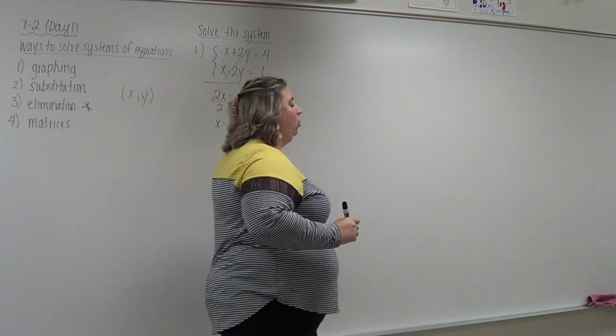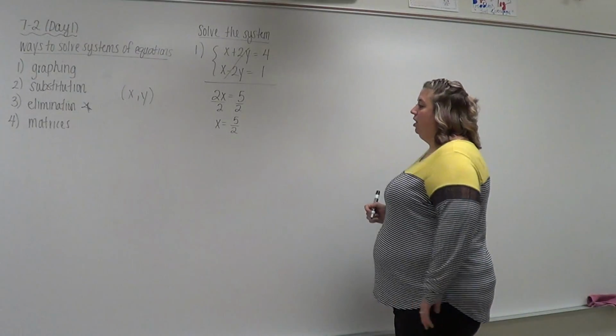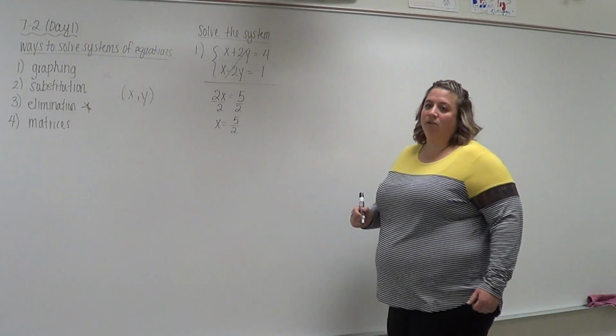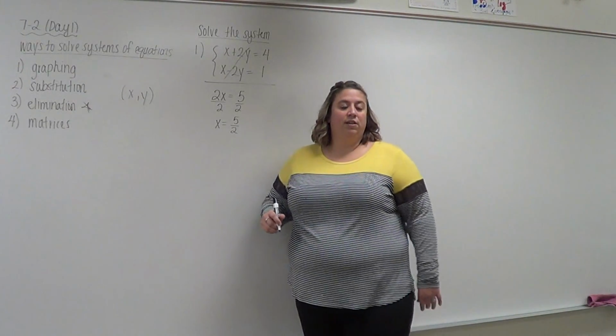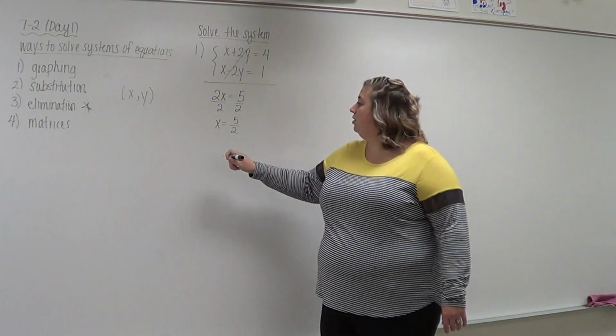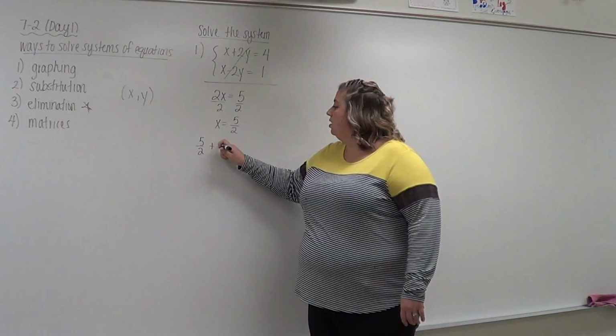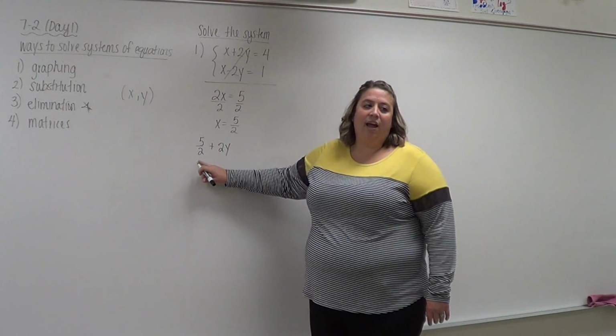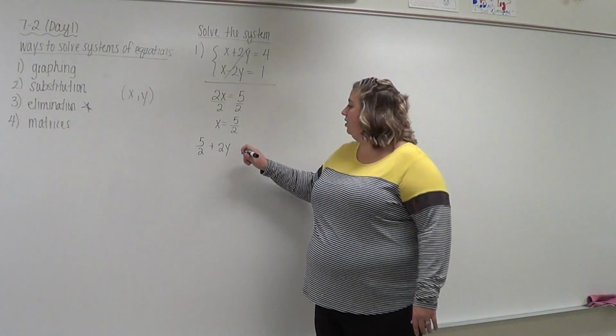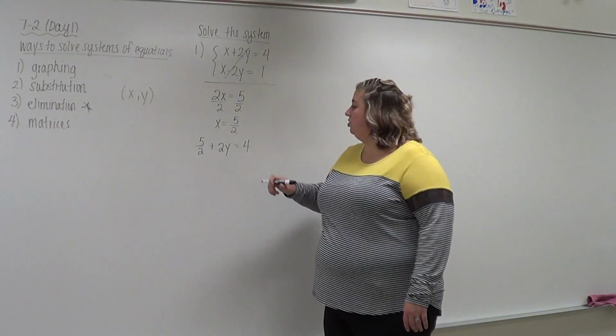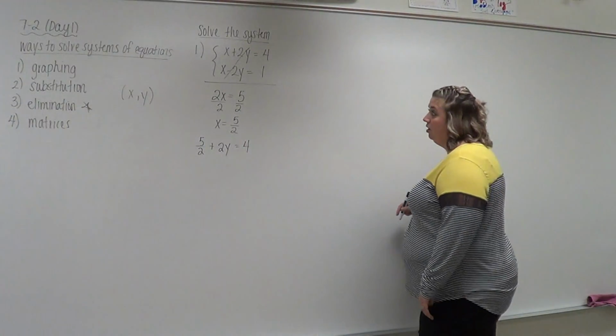Okay, how would I find y? Plug it in. Does it matter which one you plug it into? Not really. Which one do you want? First one? If I do the top one, I have 5 halves. If you want to put 2.5 instead of 5 halves, that's fine. This is just easier for me to solve in my head without a calculator.